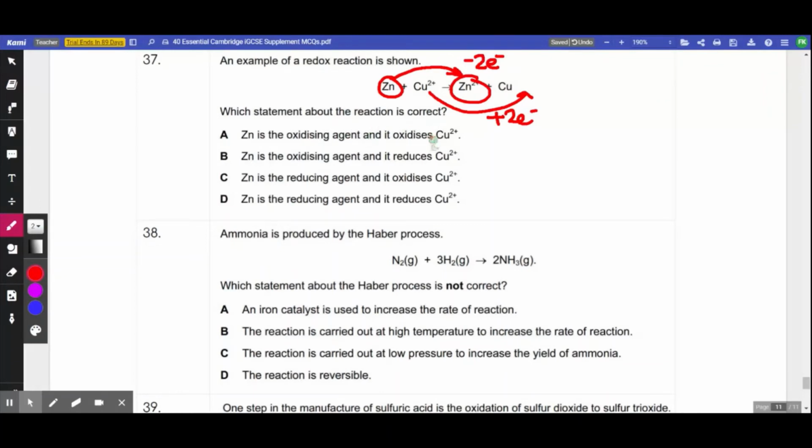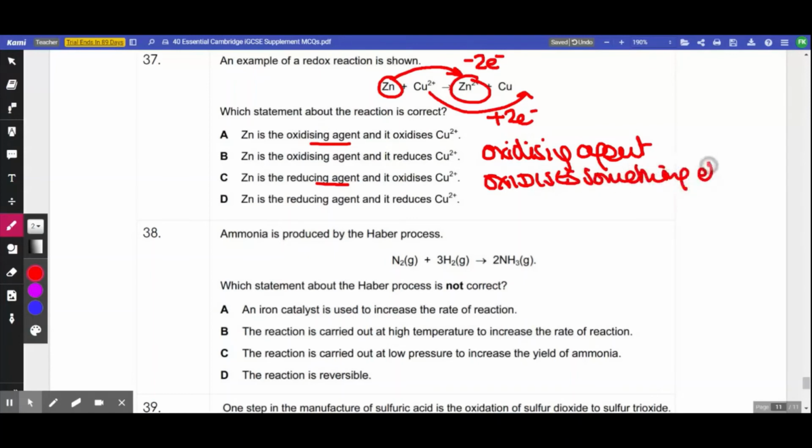Which statement about the reaction is correct? So now what you need to do is connect it with these two terms, oxidizing agent and reducing agent. So an oxidizing agent oxidizes something else, and a reducing agent reduces something else.